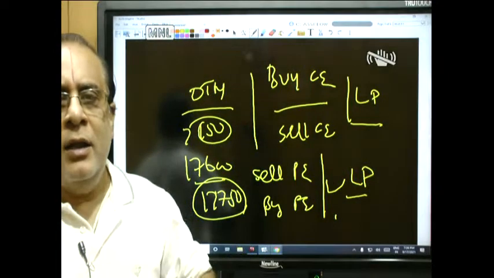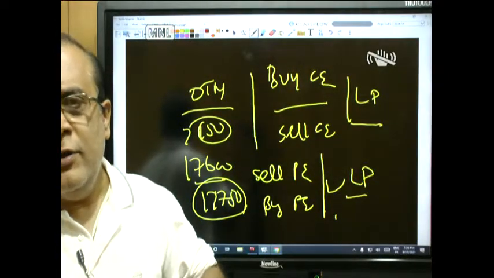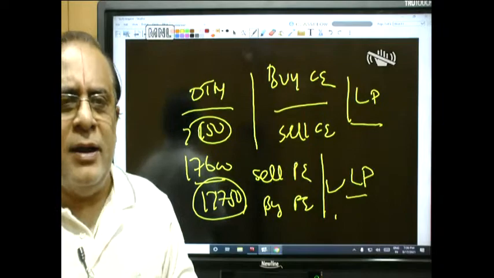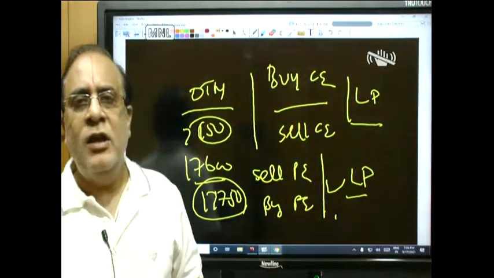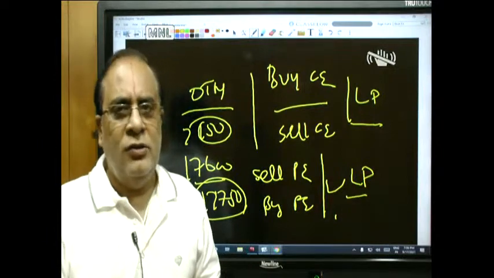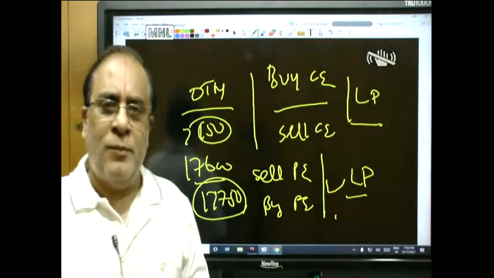And if it falls for some reason in a very big manner, then 17,000 itself is the stop loss.